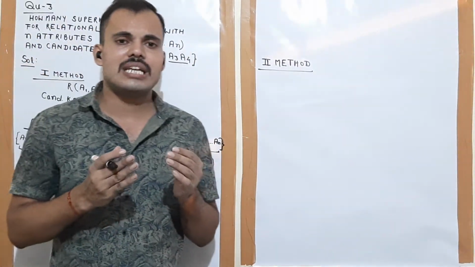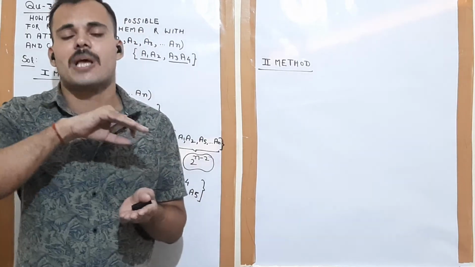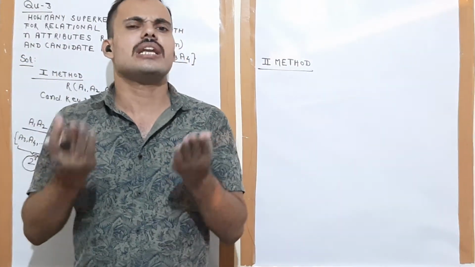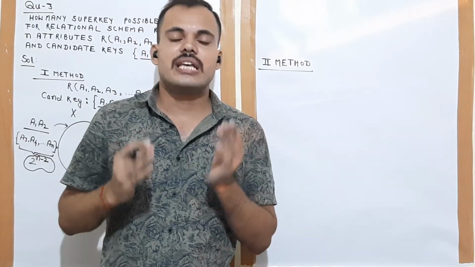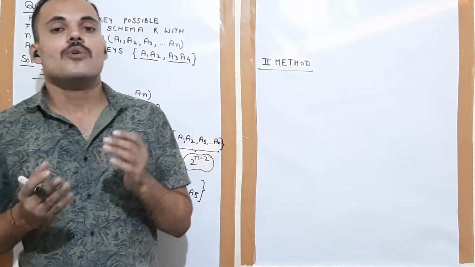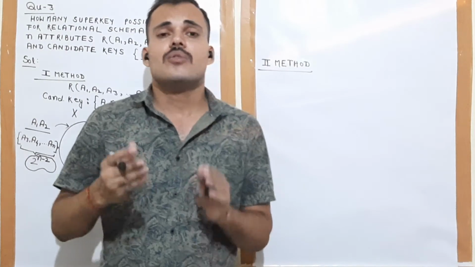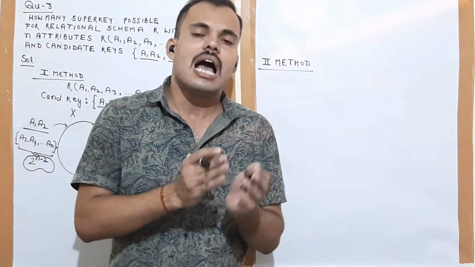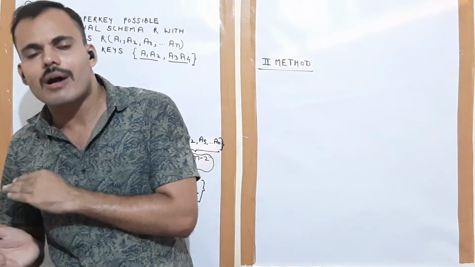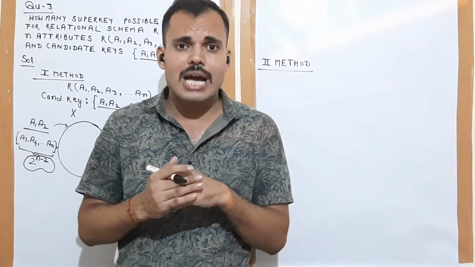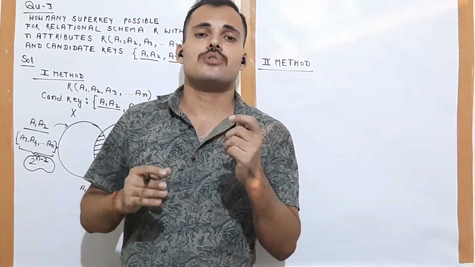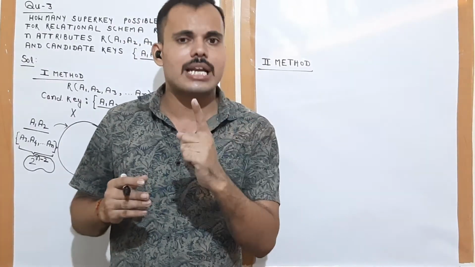So these many super keys we have to subtract once to get the exact answer. If we do not subtract this, then the common super keys are counted twice. One time we are counting in X and another time we are counting in Y. So to get the correct answer, we have to subtract it one time only.